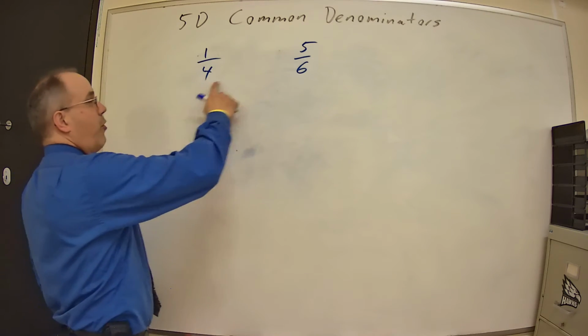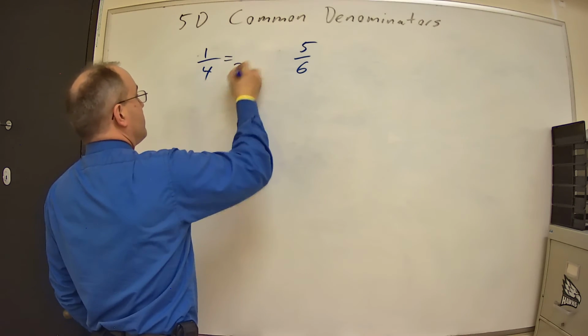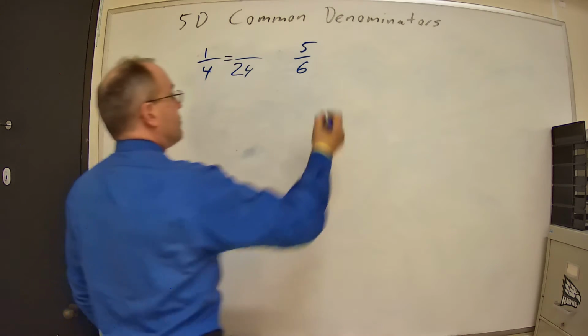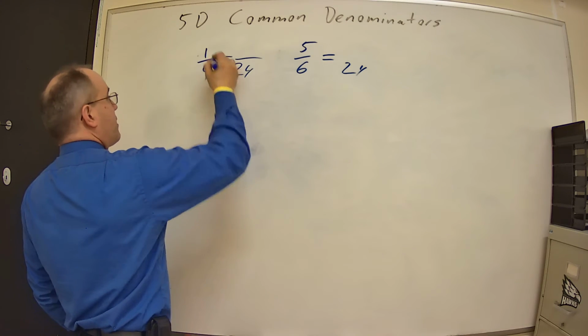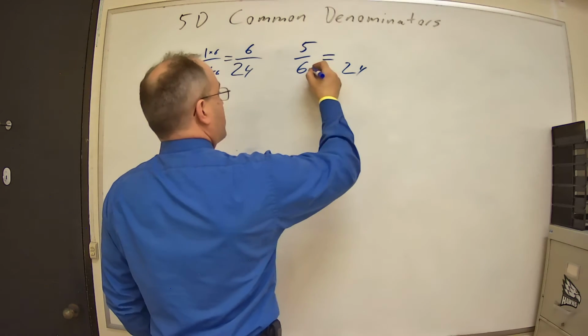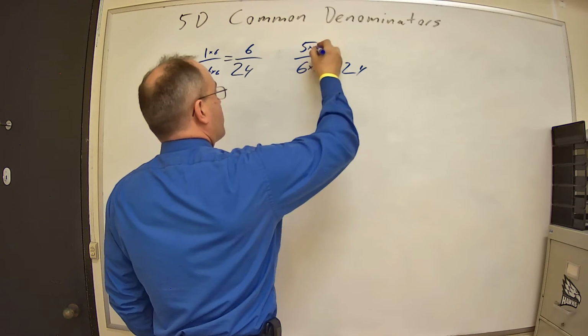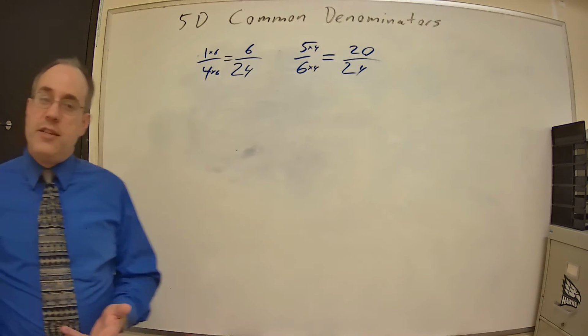So I can just go 4 times 6 is 24. I had to multiply 4 times 6, so I'm going to do 1 times 6 gives me 6/24. I had to do 6 times 4, so 5 times 4 gives me 20/24. So that's another method.